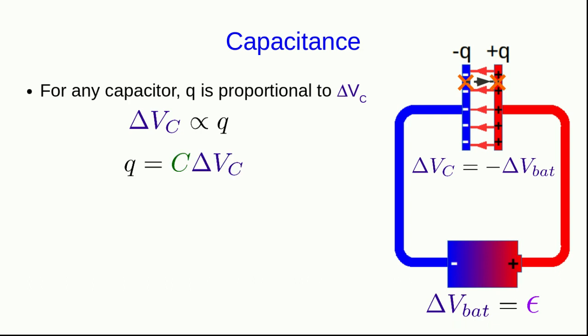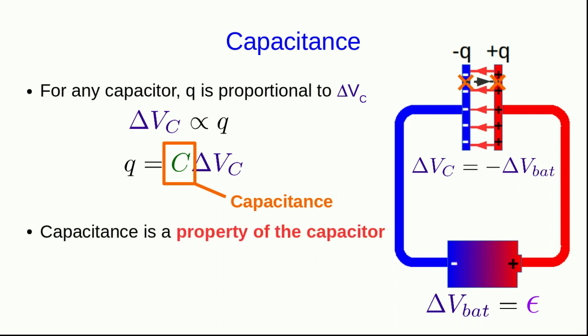Well, that means we can write an equation that says the charge on the plates is just some proportionality constant times the potential difference between the plates. And that proportionality constant is what we call the capacitance of the capacitor. It's a property of the particular capacitor, and for that capacitor, once we've measured it, we know it's always the same.